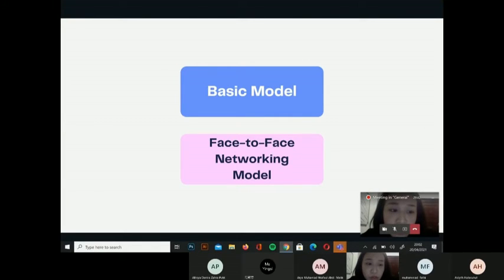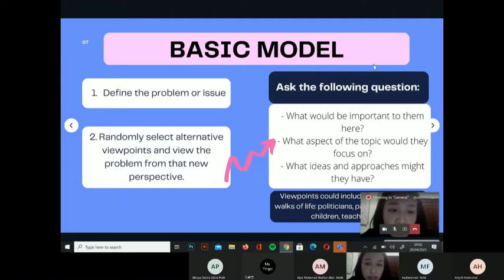What would be important here, and what aspect of the topic would they focus on? What ideas and approaches might they have? Viewpoints could include people from all walks of life, such as politicians, parents, comedians, children, and teachers, and so on.